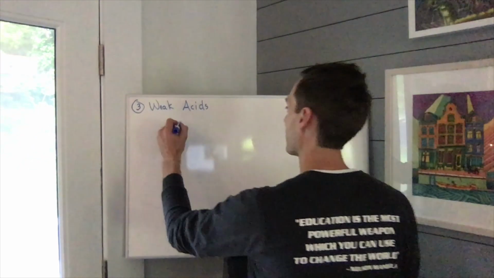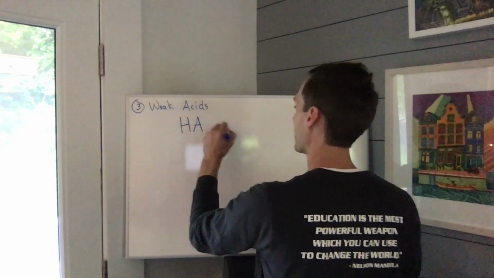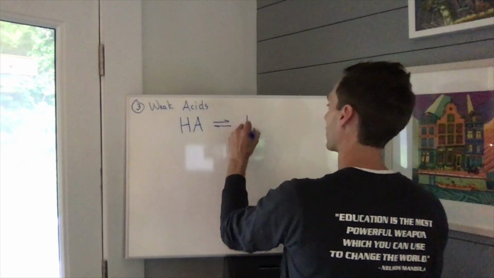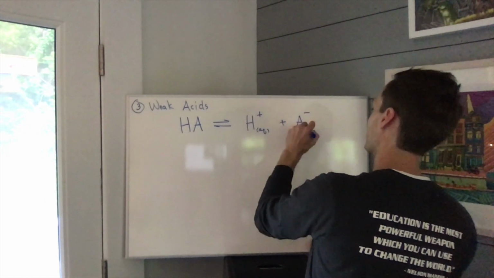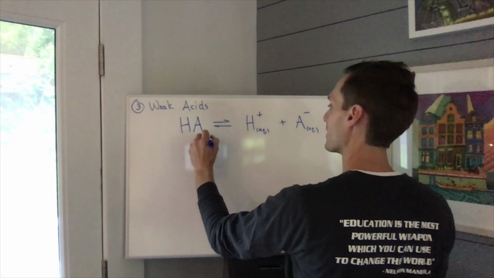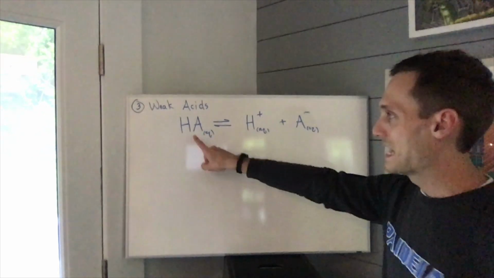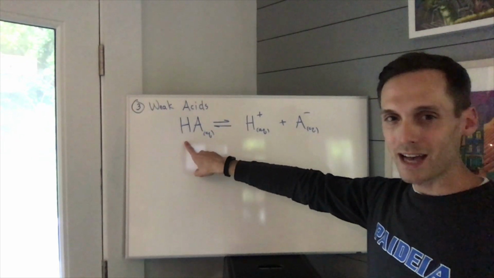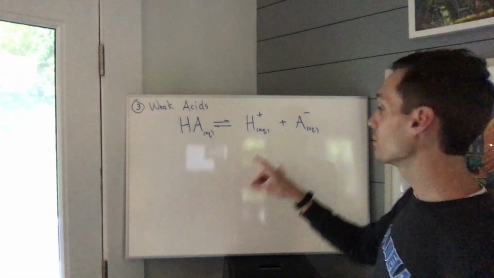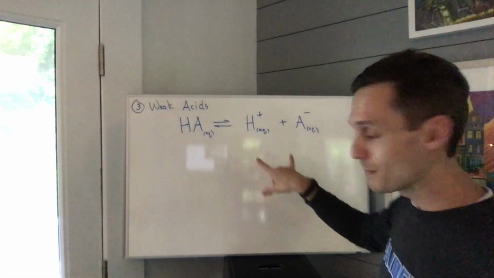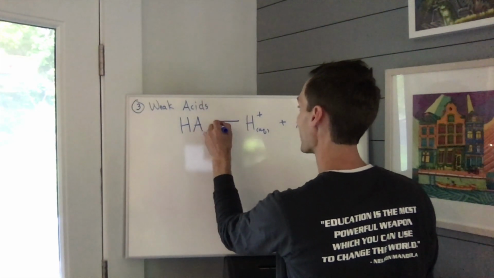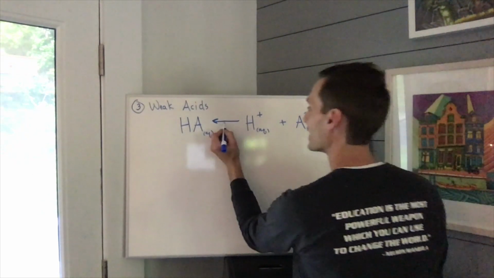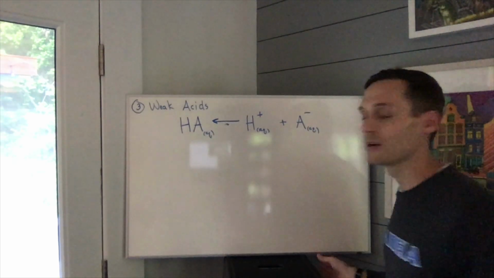So if we have our acid again, HA, and it's in equilibrium with the dissociated proton and A minus, all we're saying is that not much of this HA acid is actually going to dissociate into H plus and A minus. Most of it is going to stay as HA, and just a little bit is going to go to H plus.